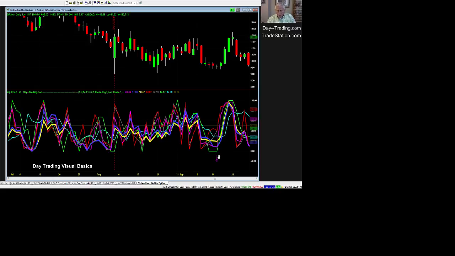However, on this day here, I'm going to create a vertical line so that we can see this more effectively. On this day right here, we have a zip pink that has gone under the blue.